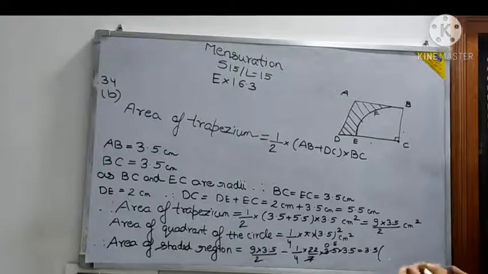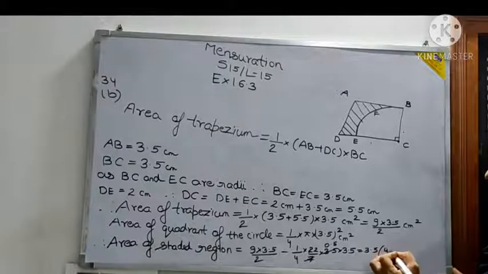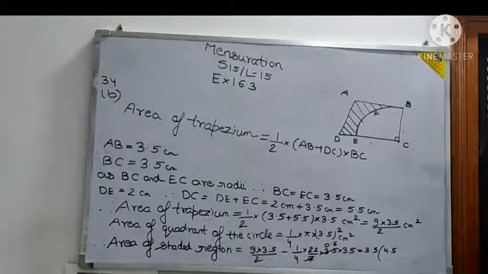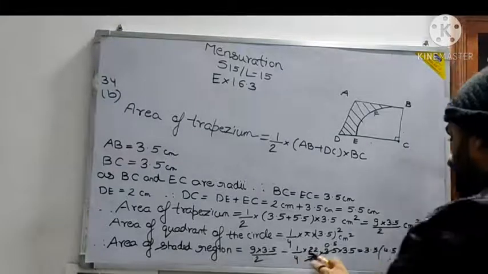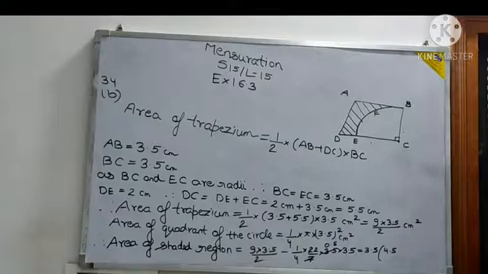So 9/2 will be how much? 4.5. And then what remains? 1/4 also remains, no? So 22 into 0.5. 22 5s, so 5 2s are 10, 0, 1 carry. 5 2s are 11. Means half of 22 is 11. 11/4 is how much?